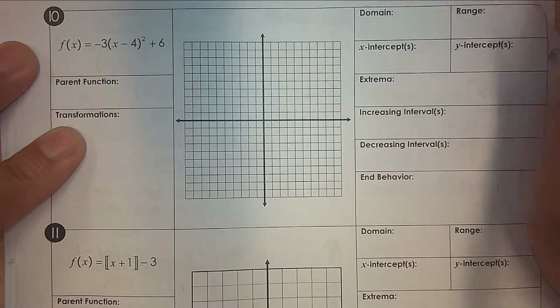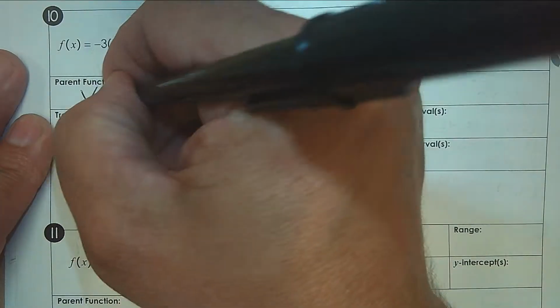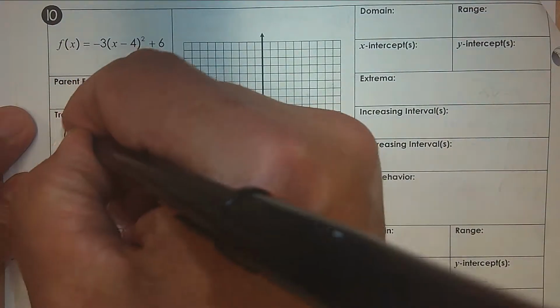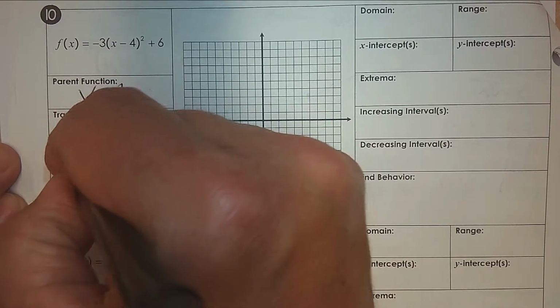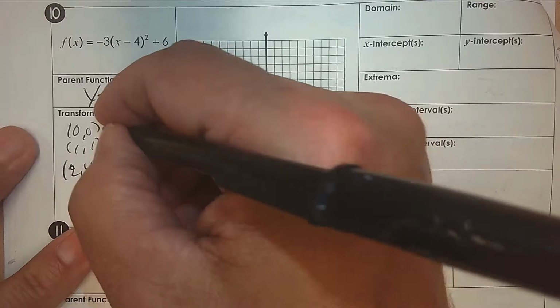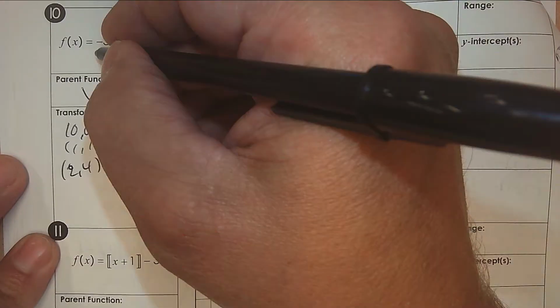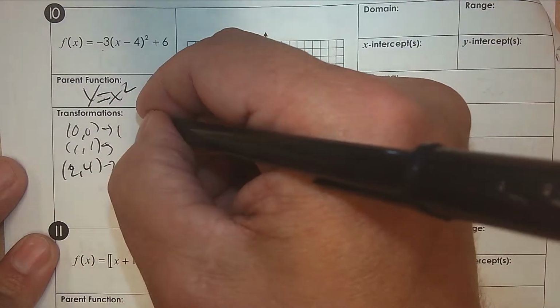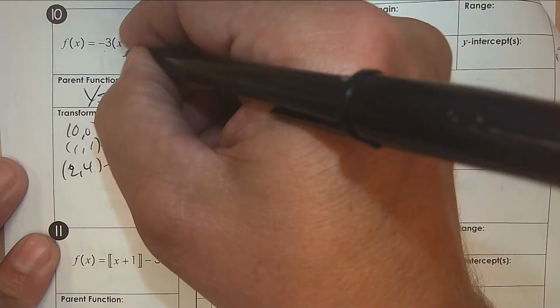All right, what's the parent? It's a parabola, x squared. Let's just put down some parent points that we know for a parabola, 0, 0, 1, 1, and 2, 4. What's happening outside and inside? So outside, inside is easiest, adding 4, the inverse.